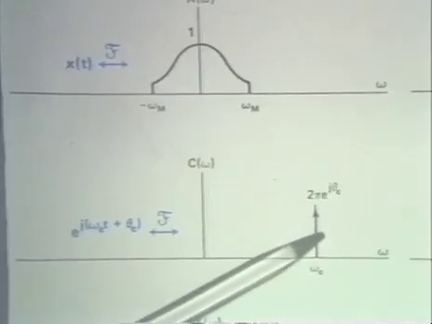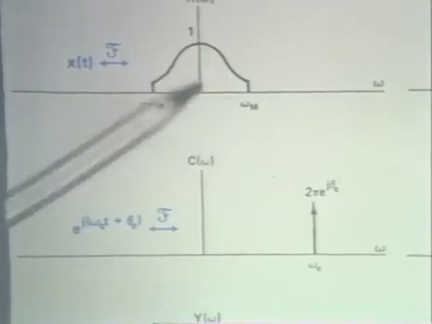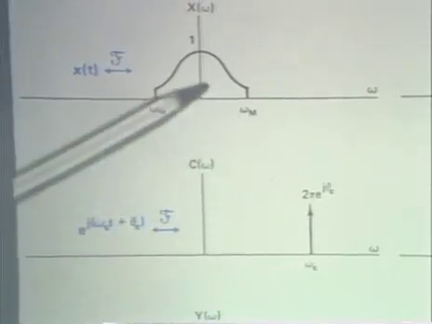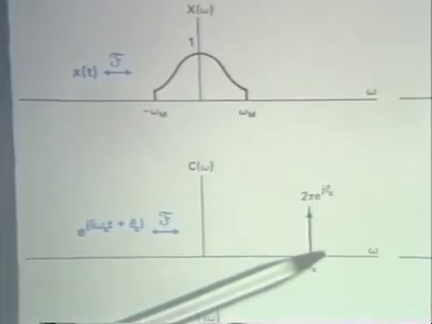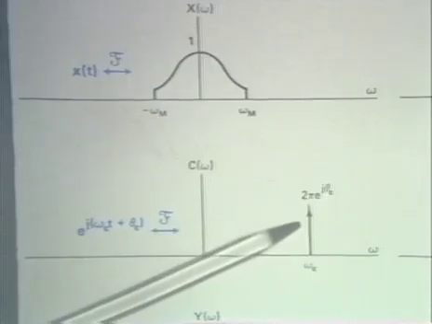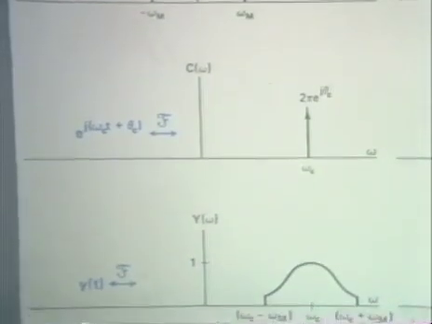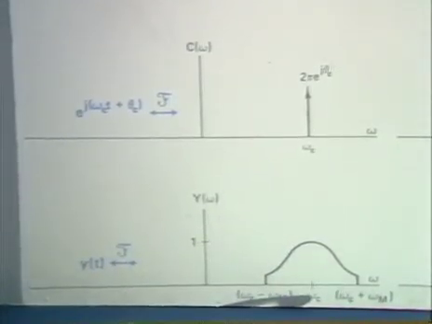So now if we multiply in the time domain, we convolve in the frequency domain, and as you know, convolving a signal with an impulse just shifts that signal to the location of the impulse. And so as a consequence, and taking care of various factors, what we end up with is a spectrum then that is centered at the carrier frequency omega sub c.